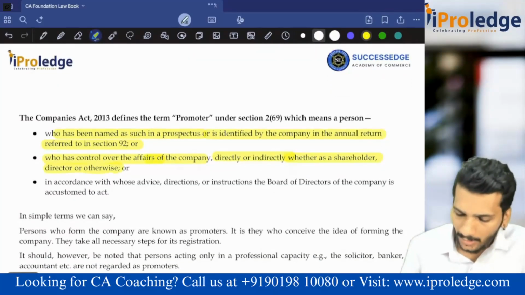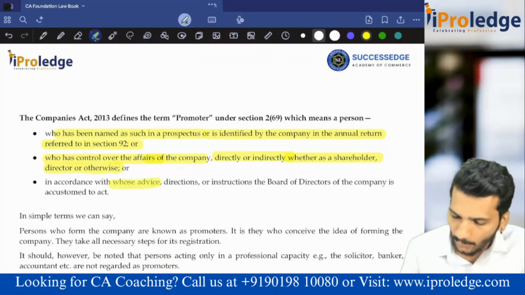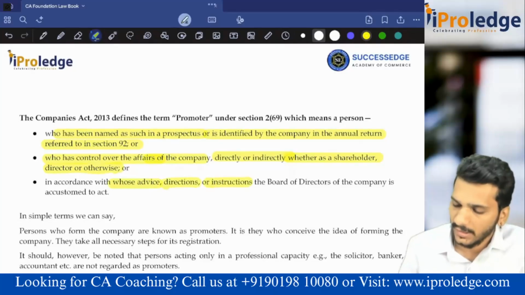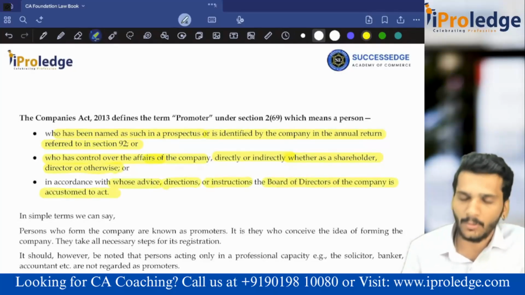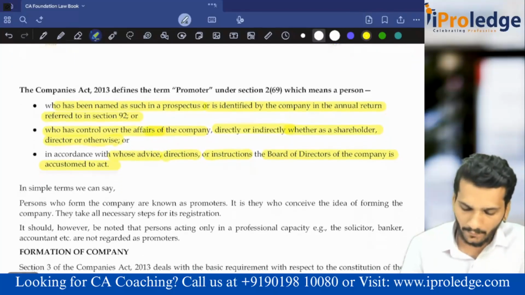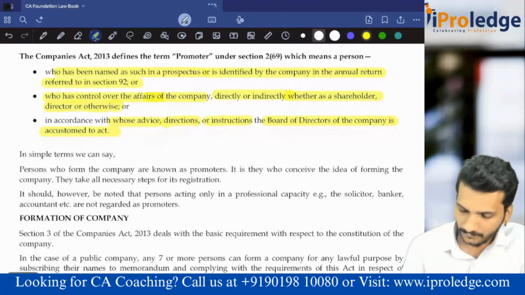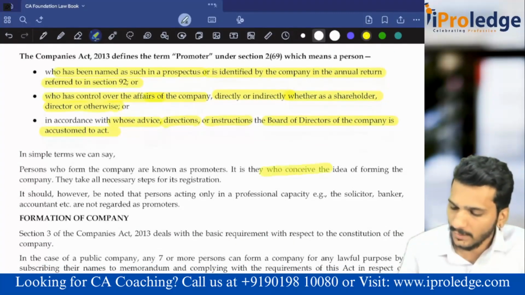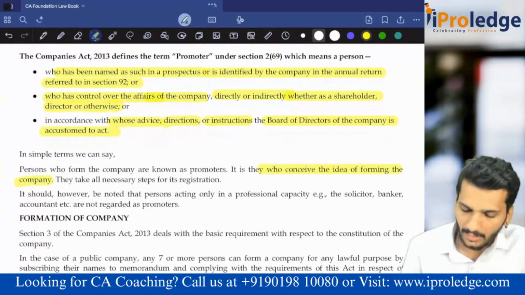Or a person according to whose advice, direction or instructions the board of directors of the company is accustomed to act. Simply, the person who conceives the idea of forming a company and takes all the necessary steps for registration is called a promoter.